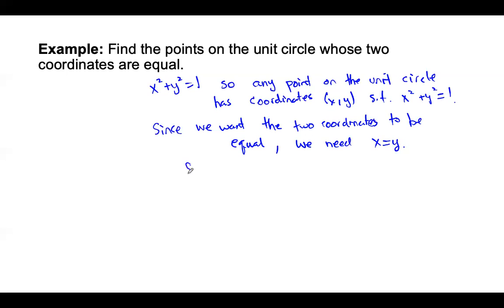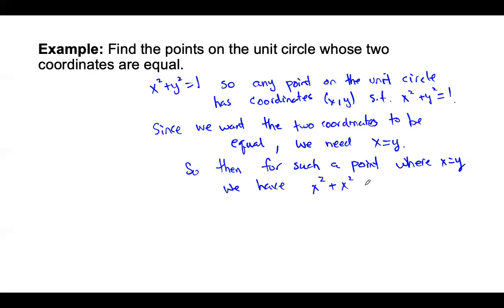So then, for such a point, where x equals y, we have essentially x squared plus x squared, because they are equal, is equal to 1, which implies therefore 2x squared equals 1.